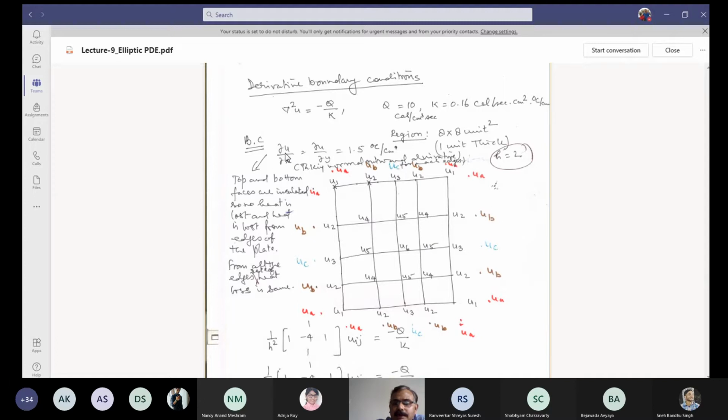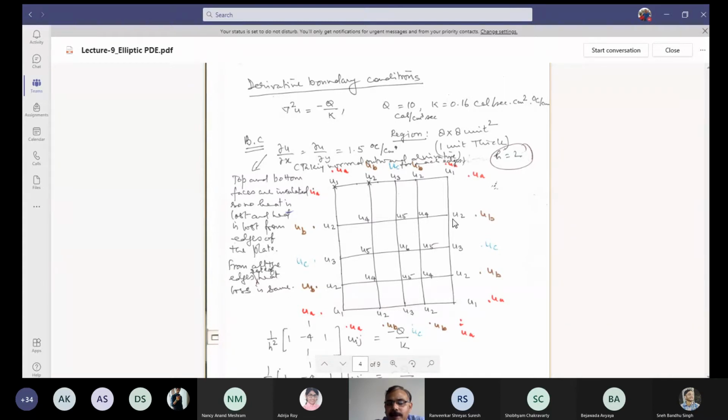Is that clear? From the picture it is very easy. For U2, if you want to write, it will be UB minus U4 divided by 2h, equal to 1.3. This is the Y part.